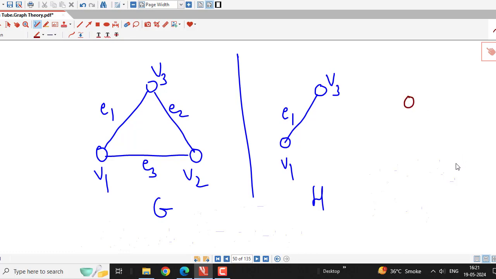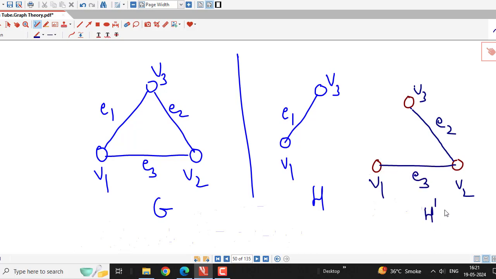Similarly, I can consider another subgraph also. Suppose I consider V3, V2, V1. I am taking all the vertices here V1, V2, V3, and suppose I consider 2 edges E2 and E3, and suppose I denote this by H dash.